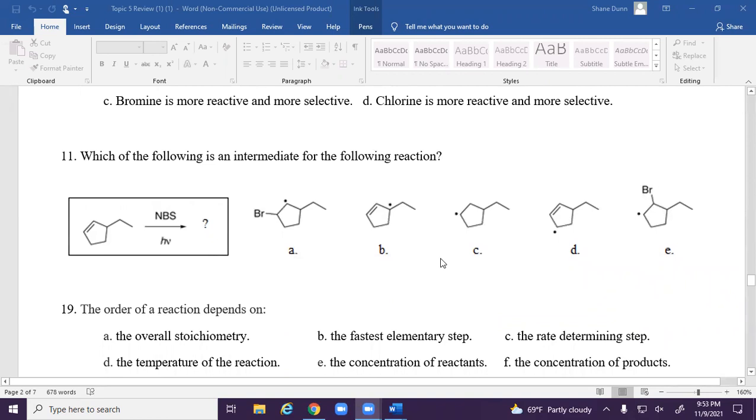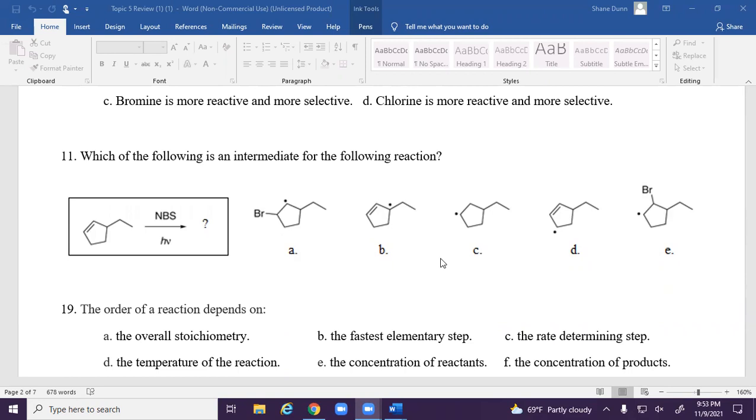Okay. NBS. What's NBS do? I'm not sure. Mechanism you guys need to know. NBS will form a radical.